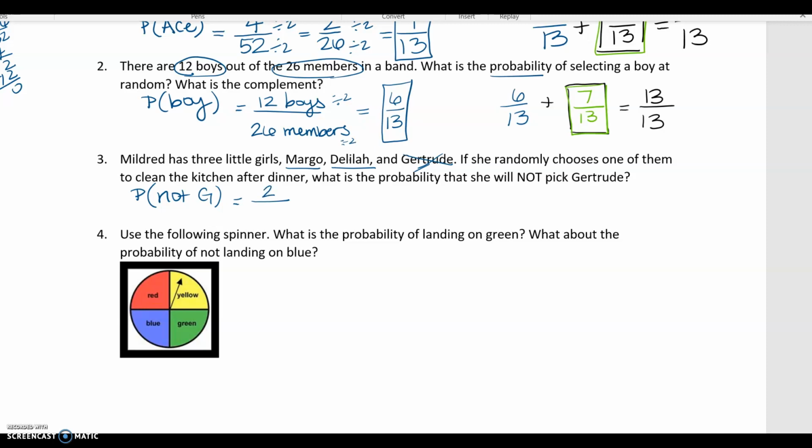So 2 of them are not Gertrude out of how many total options of people to clean the kitchen? So I have Margot, Delilah, or Gertrude. So there's 3 total options. So the probability of not choosing Gertrude is 2 out of 3. That's my probability.